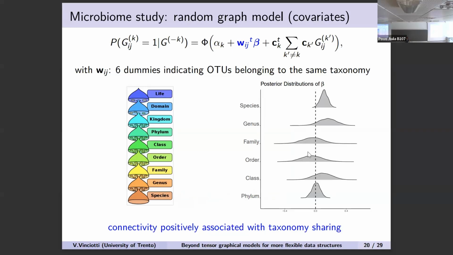Okay, the alpha K are the sparsities. They are related to the blue and the red that you saw before, so I'm going to skip that. But we included some covariates. So, I mean, there are things that biologists know about the data or general information. For example, there is a taxonomy that puts together microbes in the same taxonomy. Those are the names, phylum, class.